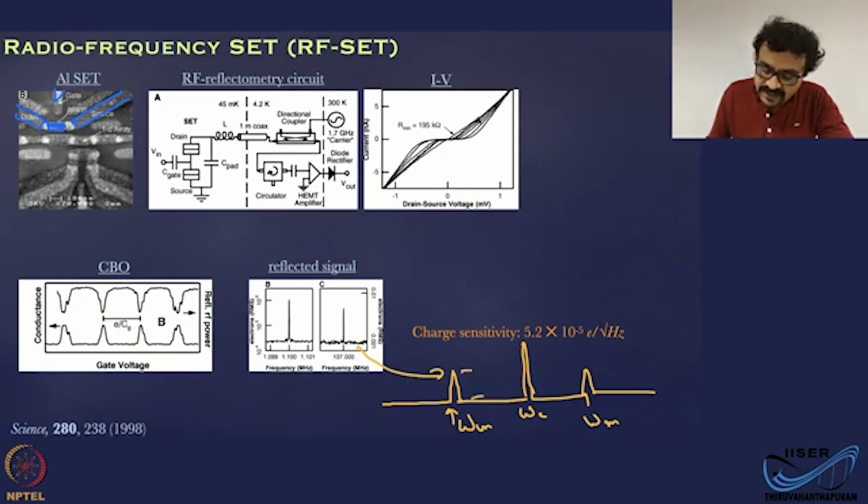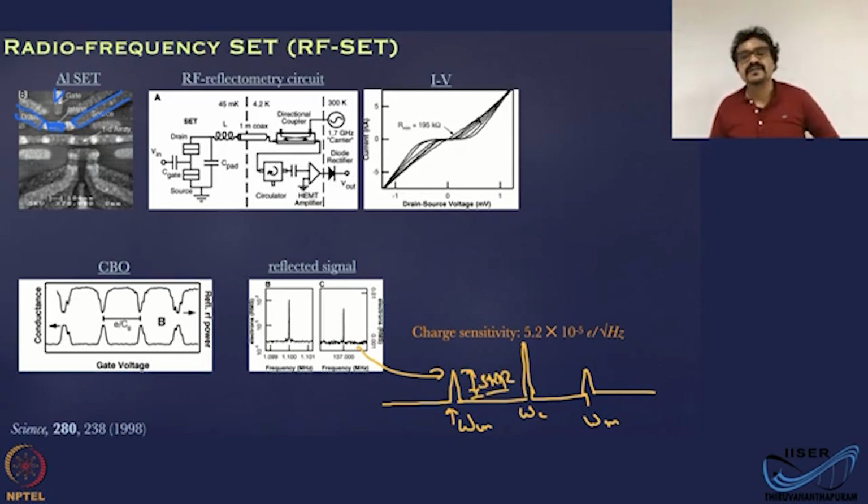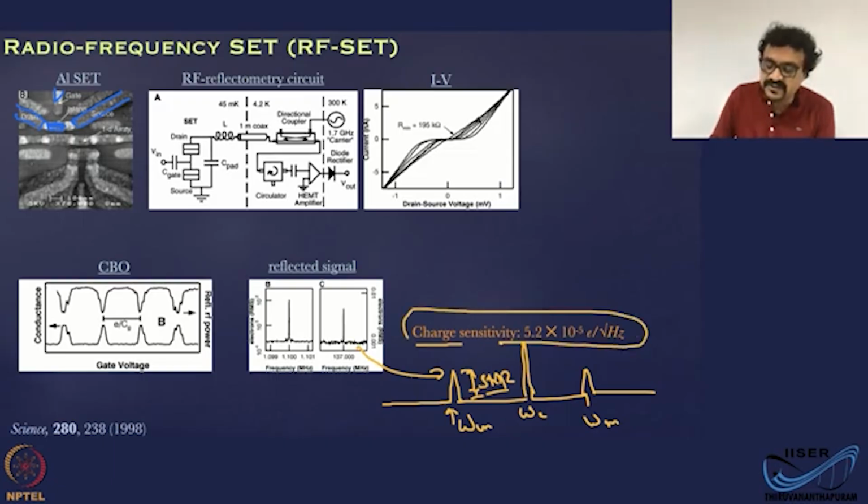The signal to noise ratio of these peaks can tell you how sensitive this device is, and you can extract a sensitivity, in this case a charge sensitivity of the order of a few tens of micro electrons per root hertz. This device is operating at close to 2 gigahertz, basically around 1.7 gigahertz, and that is the carrier wave you are sending.